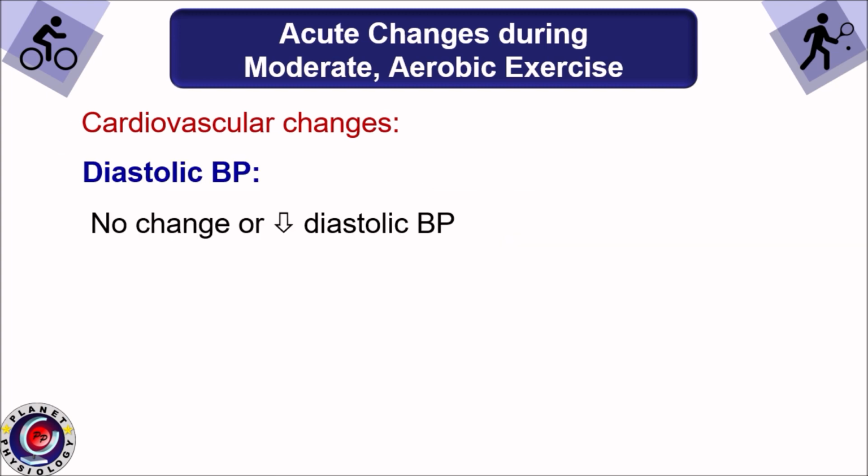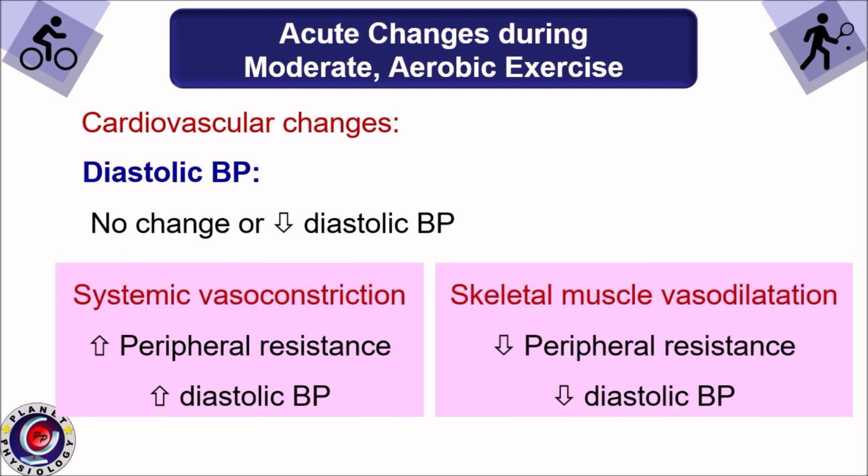What about diastolic blood pressure? During moderate aerobic exercises, there is no change in diastolic blood pressure, or actually the diastolic blood pressure may even decrease. We have seen that there is sympathetic stimulation during exercise. This will also act on systemic arteries to cause vasoconstriction and will increase peripheral resistance and lead to increase in diastolic blood pressure.